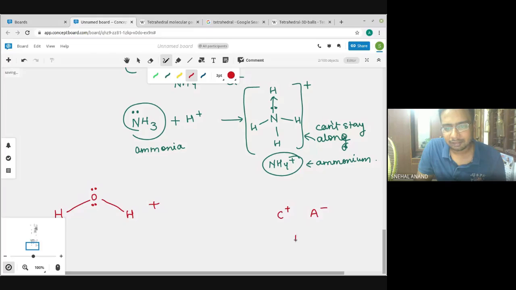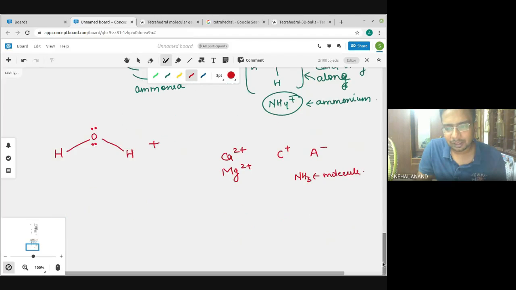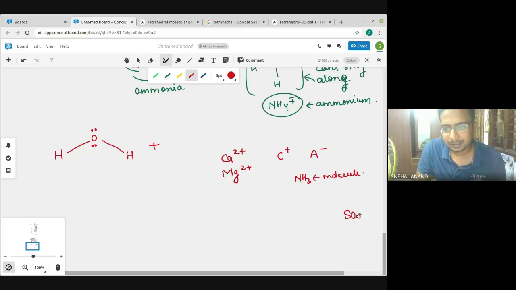And what doesn't have charge is a molecule. So all this Ca2 plus is a cation. Mg2 plus is a cation. The negative ones like SO4 2 minus is an anion. Does that make sense? Okay. So I hope this part is clear to all of you.